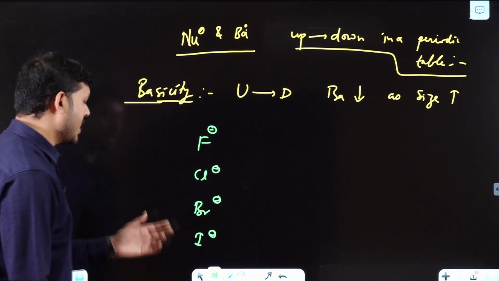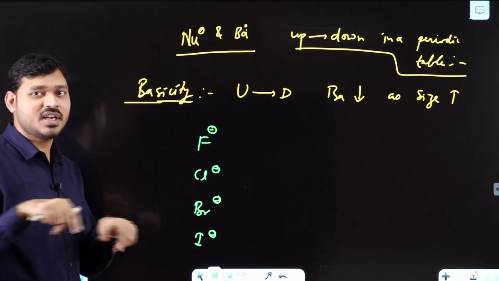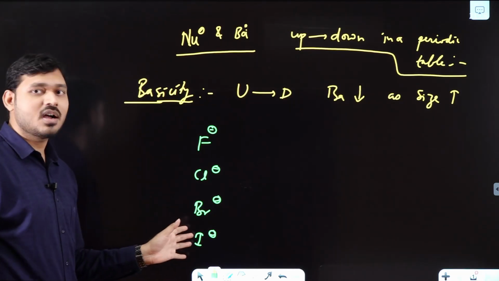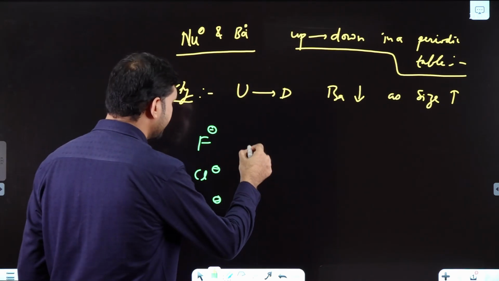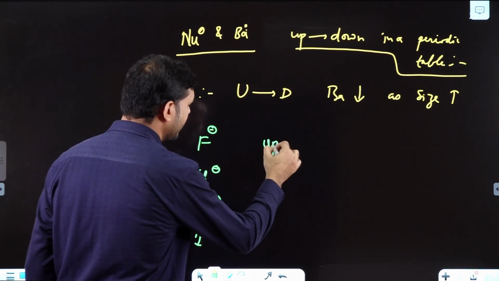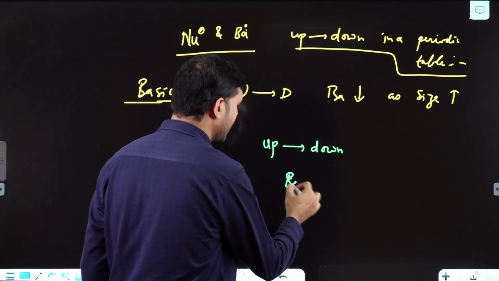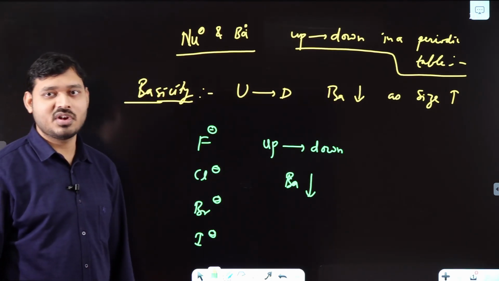As you know, I minus has larger size, so these electrons are actually dispersed in its own vacant orbitals as well, so it is less available for protonation, so F minus is more basic. So up to down, basicity here decreases. I think clear to you all.